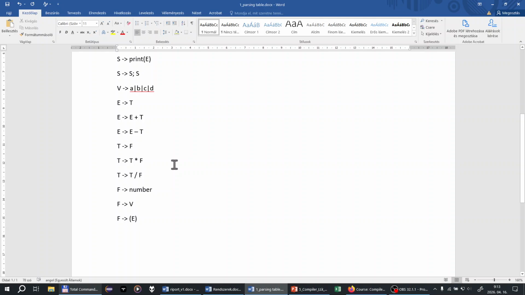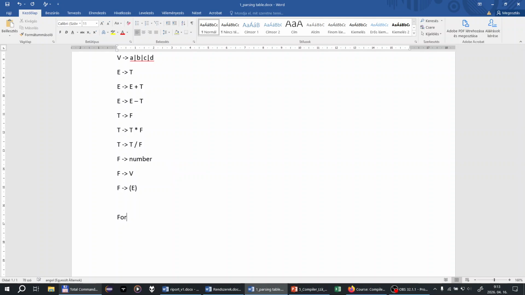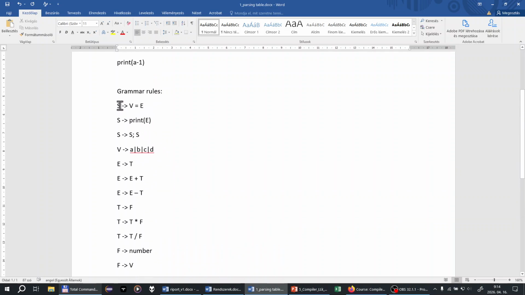Okay, to have a predictive parser, we have to eliminate left recursion. Where we have a left recursive expression, we have one here.